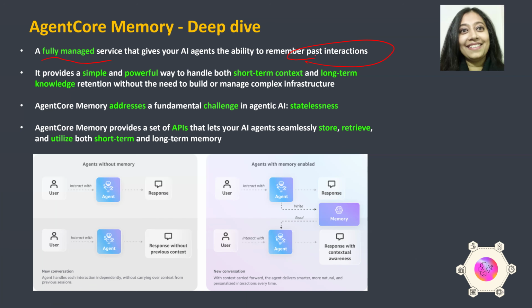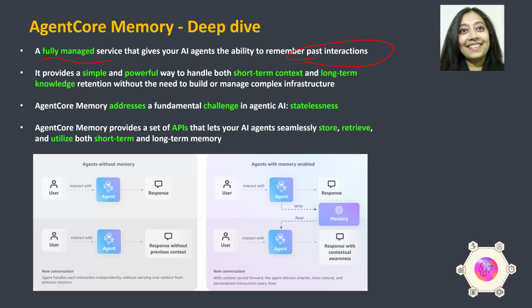And why is this memory so critical? It is critical because it gives our agents the fundamental ability to maintain context. Remember that our agents are stateless. What memory does is it addresses that challenge and provides them more context, so that every time they send a response, that response is contextually aware.